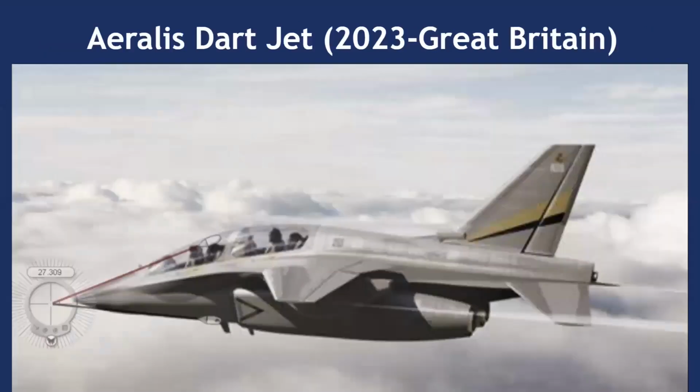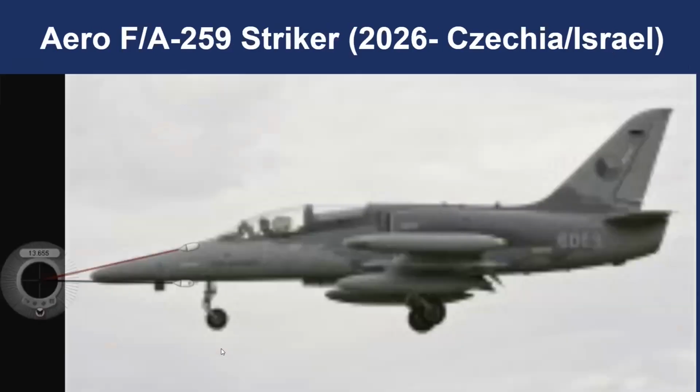If you'll notice, the geometry of this airplane is continuing to use that 27.309 angle along the bottom of the aircraft, as well as the top of the aircraft. So it's appropriate to use that 27.309 angle.